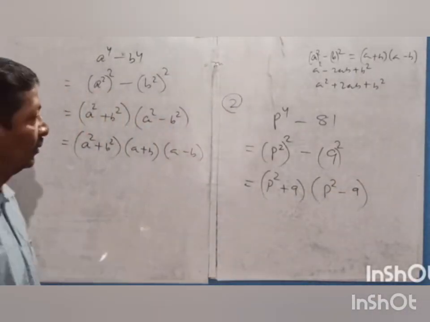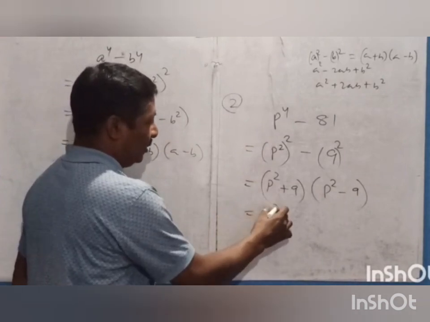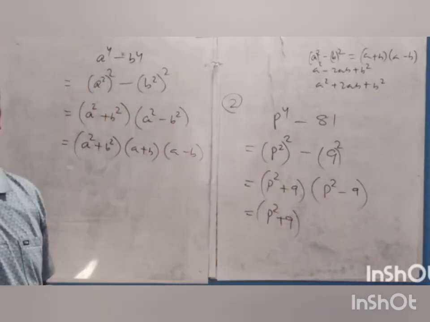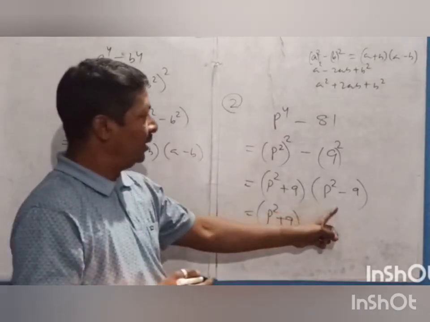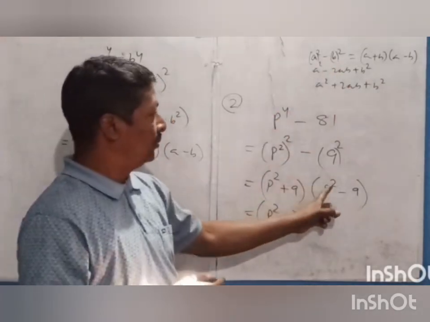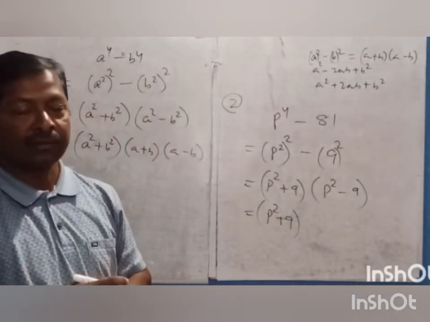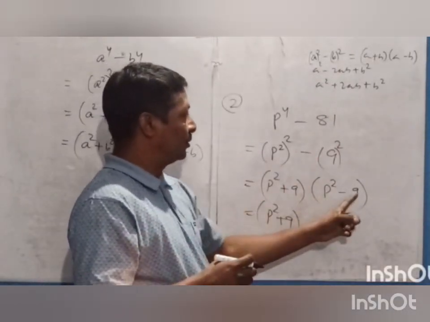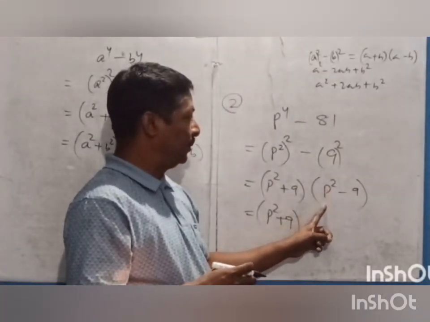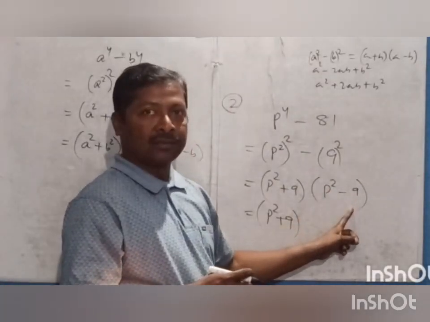Okay. Now this cannot be converted into an extra form, but this again comes in this form. This can be converted into more factors because it is also in a square minus b square form. p square is the square of p, and 9 is the square of 3.